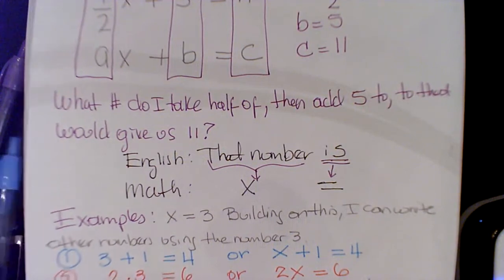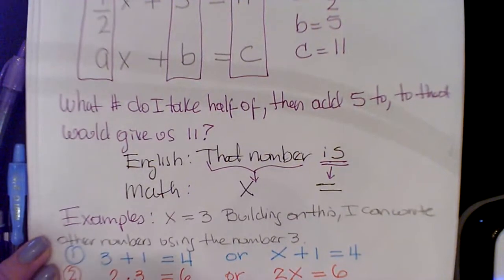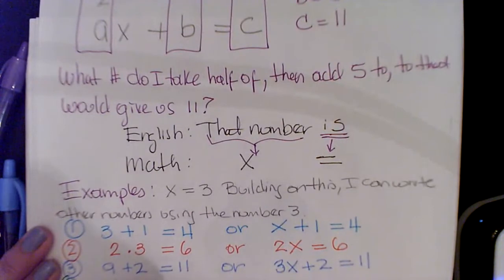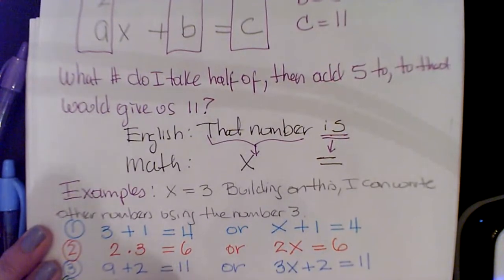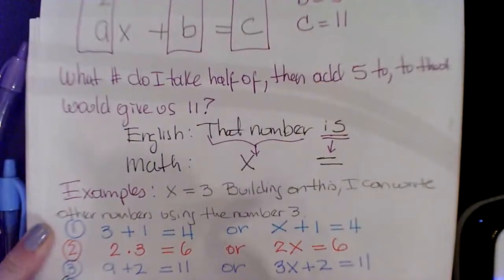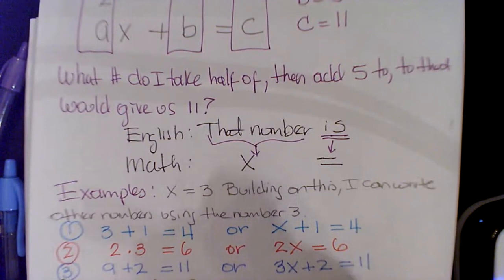And the last one will be negative 6 plus negative 2 is equal to negative 8. So how do we do this one? Negative 2 times x is negative 6, minus 2 is equal to negative 8.